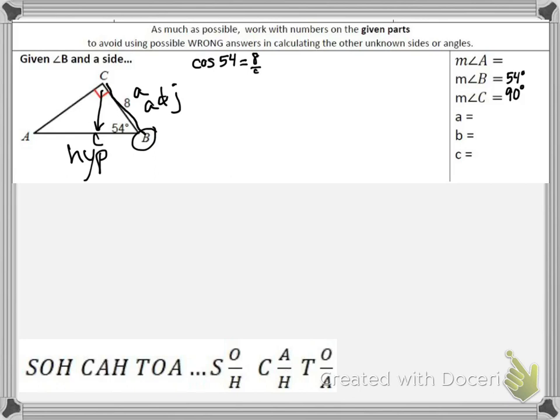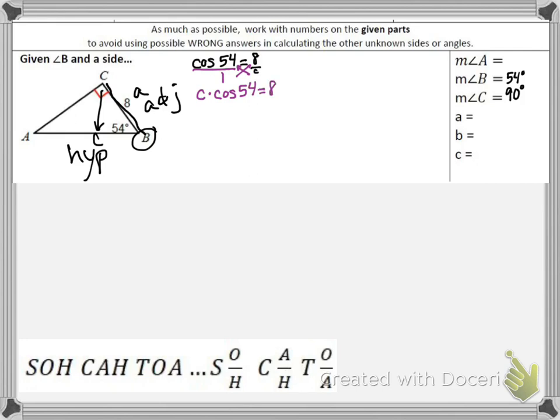Just like we did on page 1, we're going to put a 1 underneath this. We're going to cross multiply. So we're talking about C times cosine 54 equals 1 times 8 is 8.